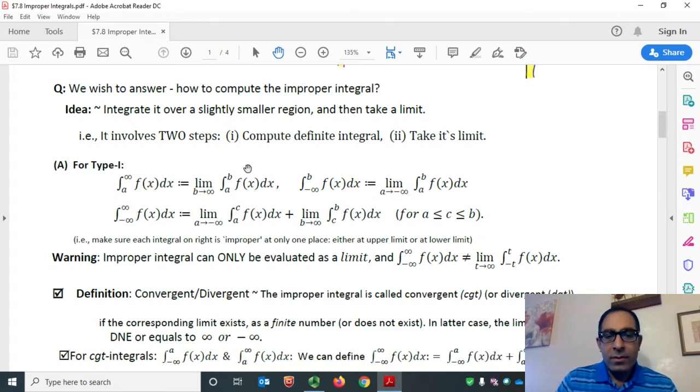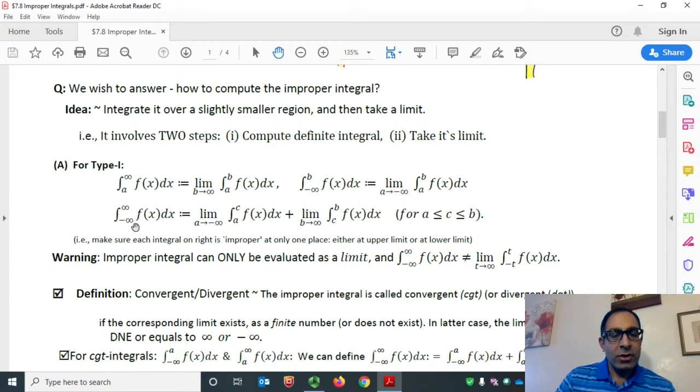Similarly, for the improper integral of f(x) dx from negative infinity to b, truncate at some number less than b, that's a, compute the definite integral from a to b of f(x) dx and take the limit as the lower limit a goes to negative infinity. Awesome. Similarly, the improper integral of f(x) from negative infinity to positive infinity.